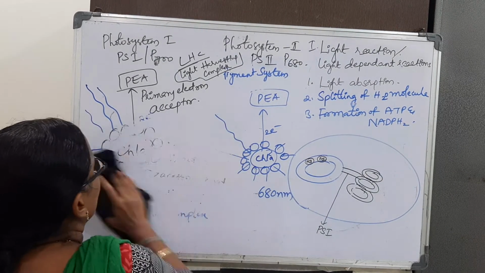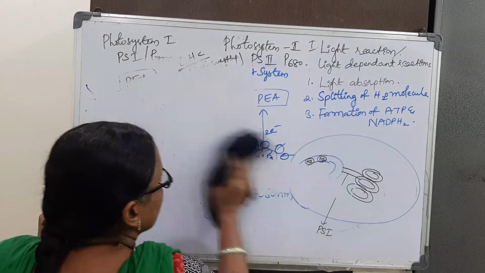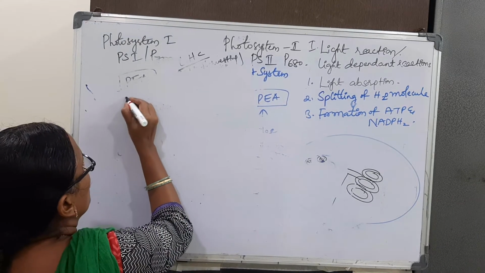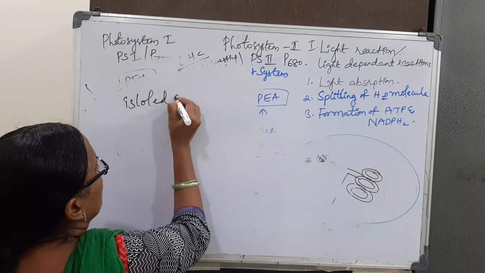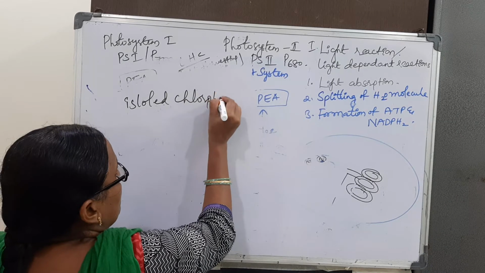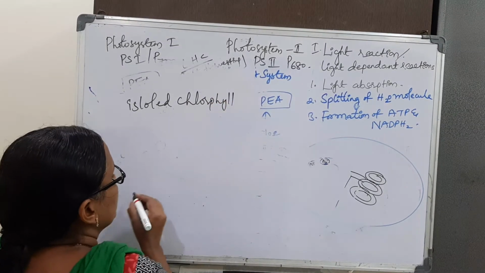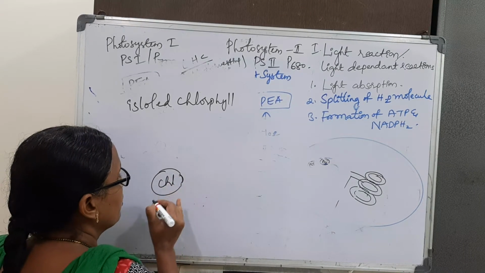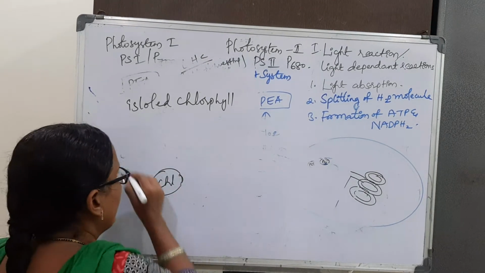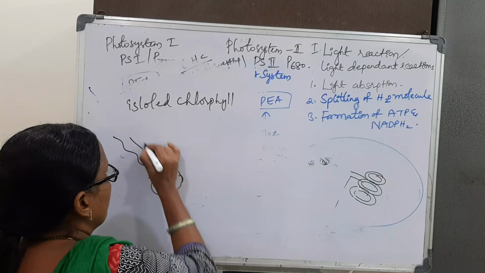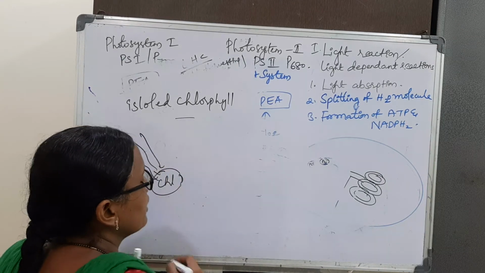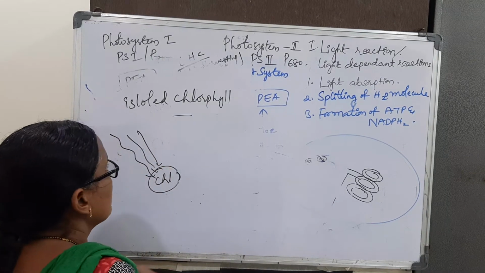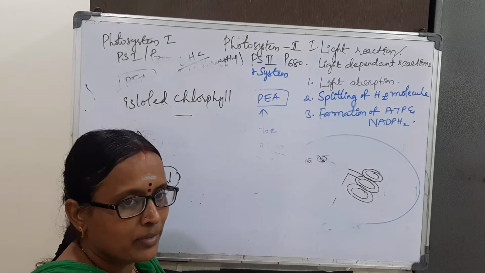One more thing: suppose we isolate the chlorophyll, take it in a test tube, and expose it to light. What happens? In this experimental condition, there is no primary electron acceptor.